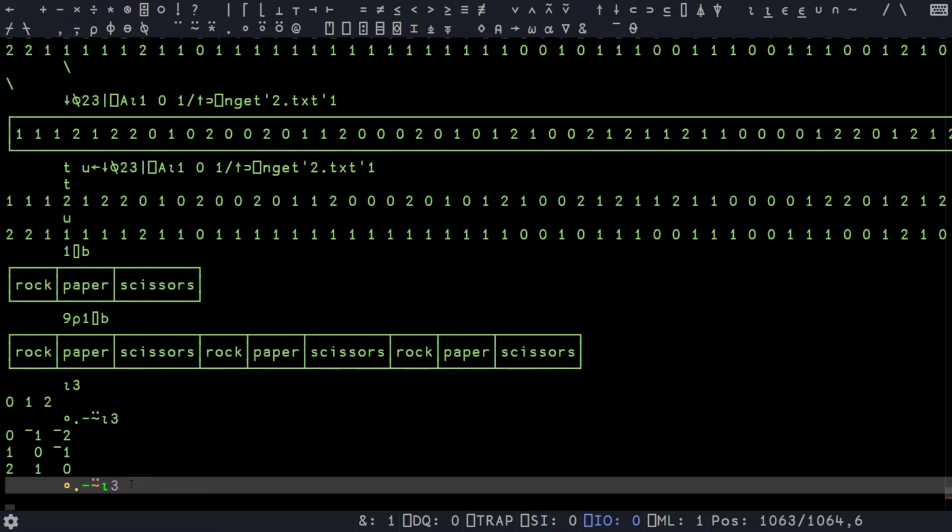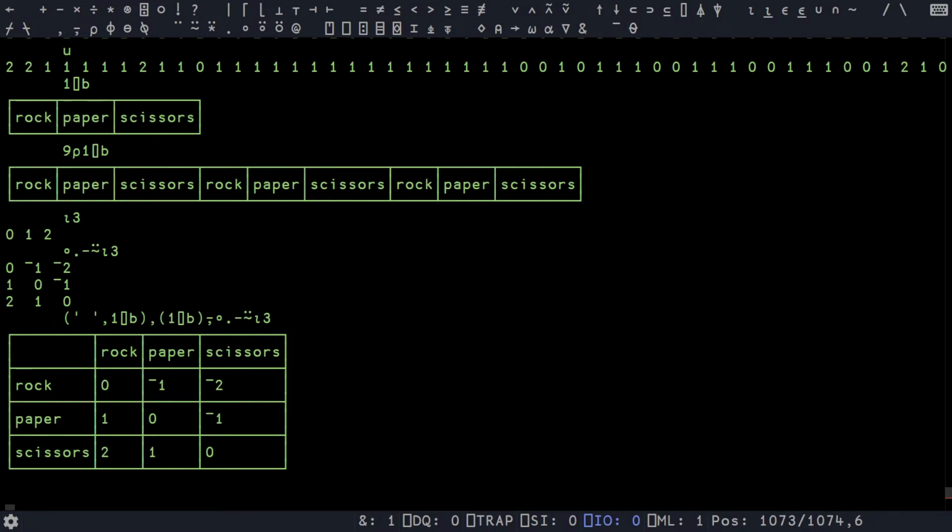And maybe it's better if I do 1, B, this, 1, B. Okay, yeah, so now we have a nice table. So you can think of, on the leftmost column, we have the values that we're going to throw. And in the upper column, we have the values that the elves are going to throw.